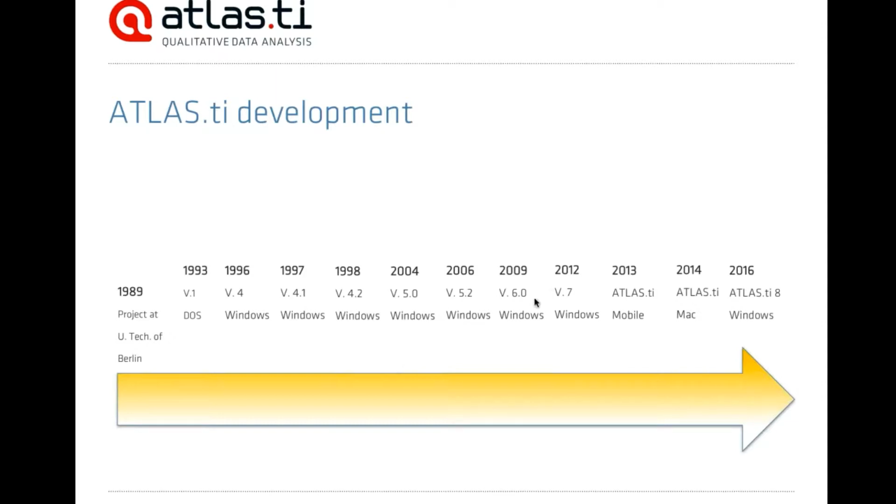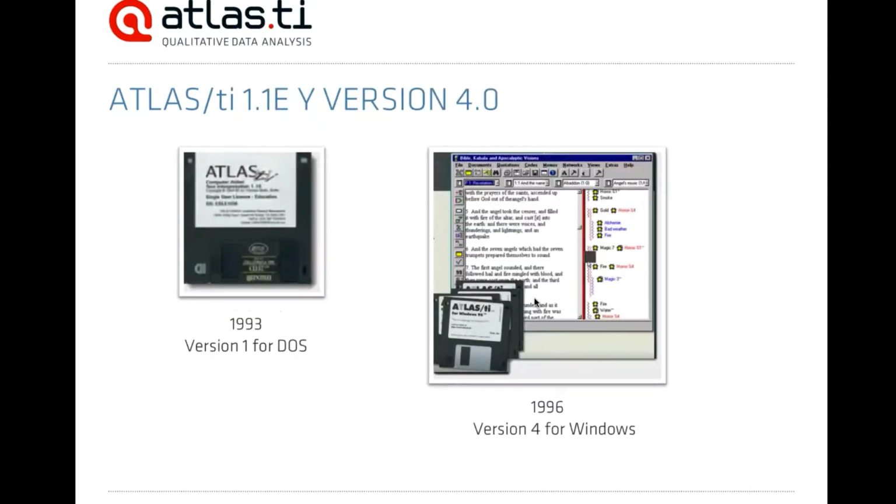Then we had our first release in 1993. On the left side, you can see these diskettes that we used to use. Then in 1996, we had the first version for Windows. That version was number 4, but it was adapted for Windows.